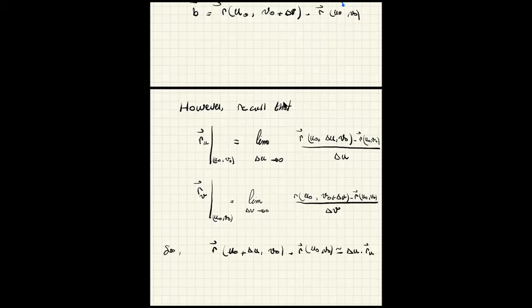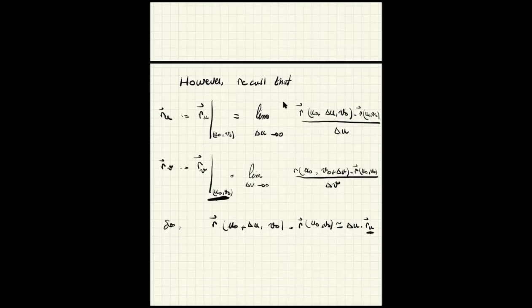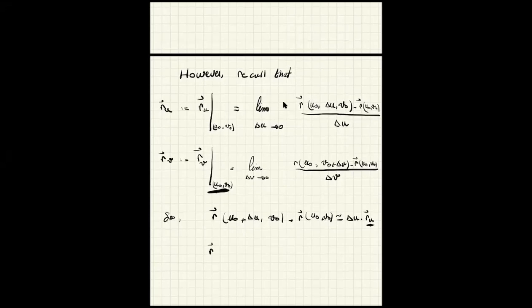Okay, so as I said, please make sure that you understand what I'm saying. I'm not going to write this all the way along. So this is exactly the same thing as this one, and r of u0.